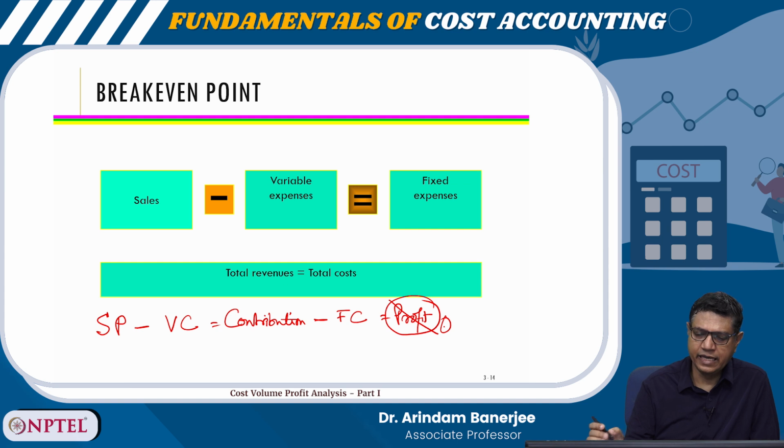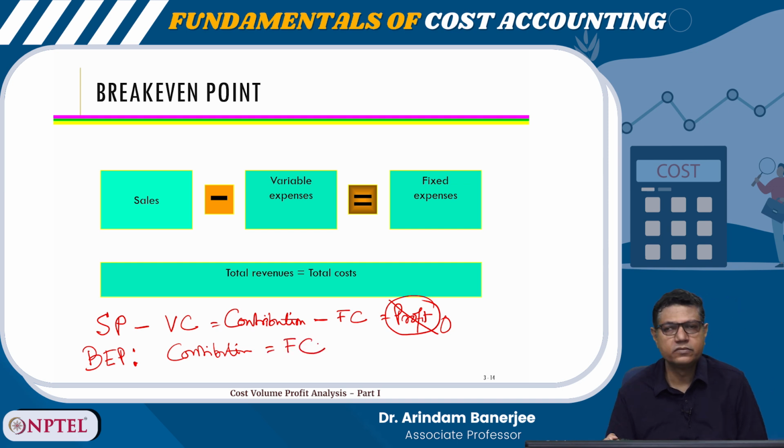So, in the case of break-even sales, contribution is equal to fixed cost, because contribution minus FC is equal to 0.